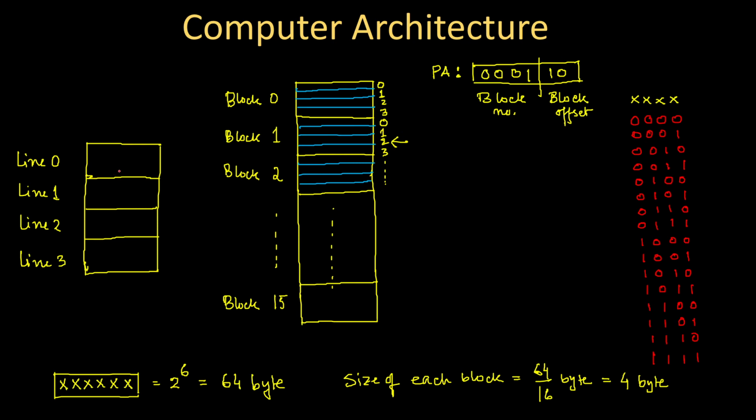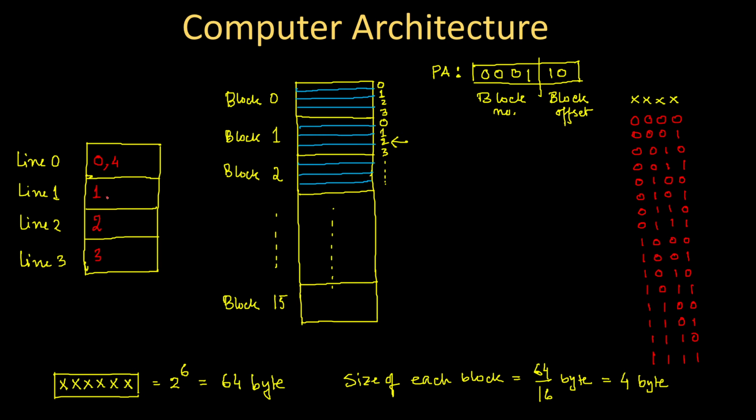If we consider that block number 0 will be in line number 0, then block number 1, if we take these block numbers in a round robin manner in these cache lines, I can say that block 0 will be in line 0, block 1 will be in line 1, block 2 will be in line 2, block 3 will be in line 3, then block 4 will be again in line 0.